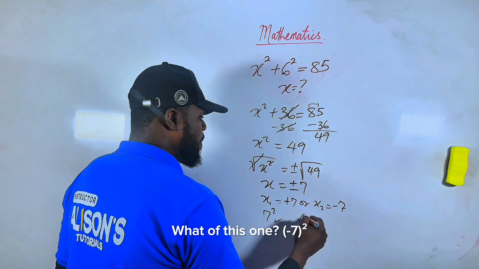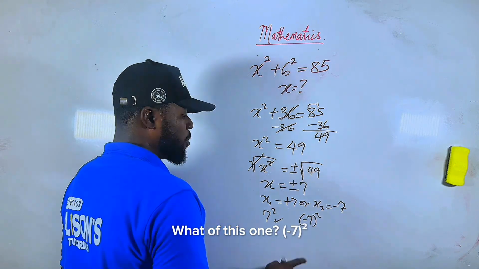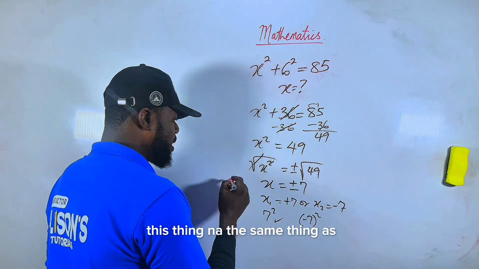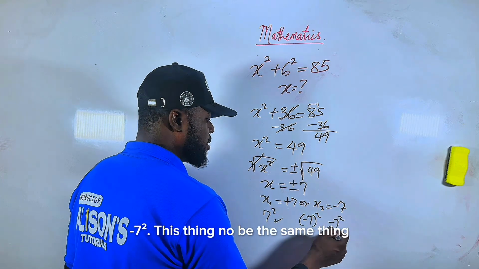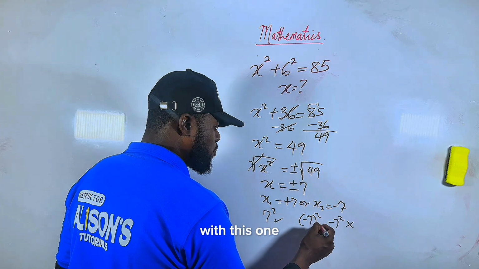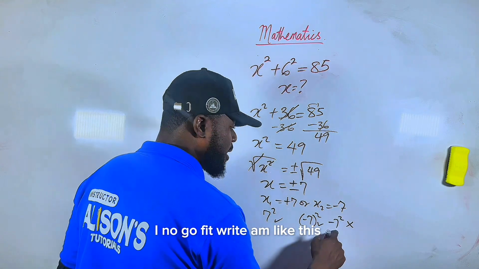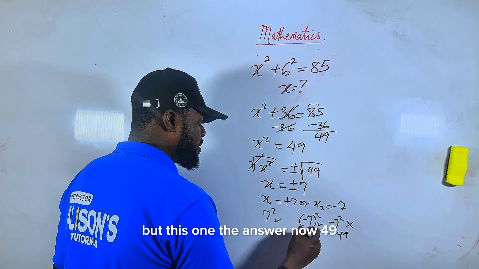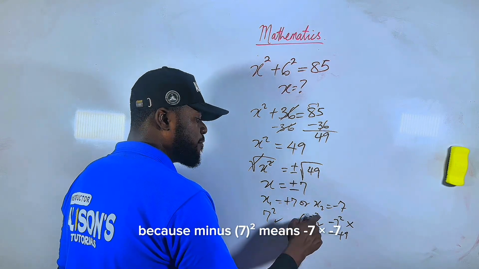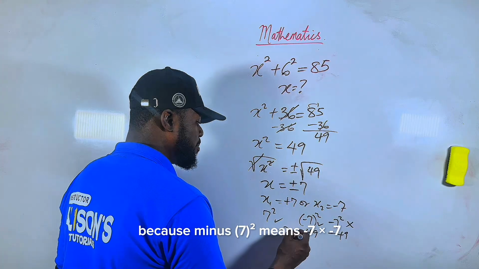What of this one? Minus 7 all squared. Some people will say this is the same thing as minus 7 squared, which would give minus 49. But this one gives 49, because minus 7 squared means minus 7 times minus 7.